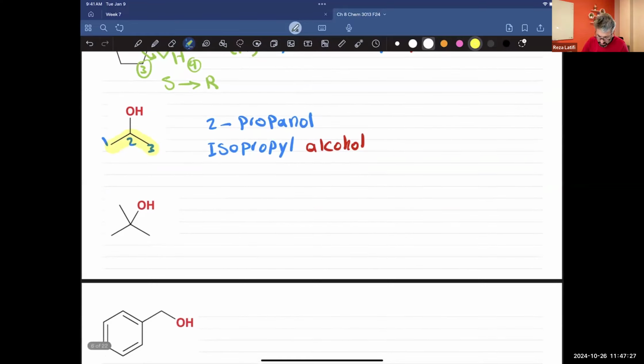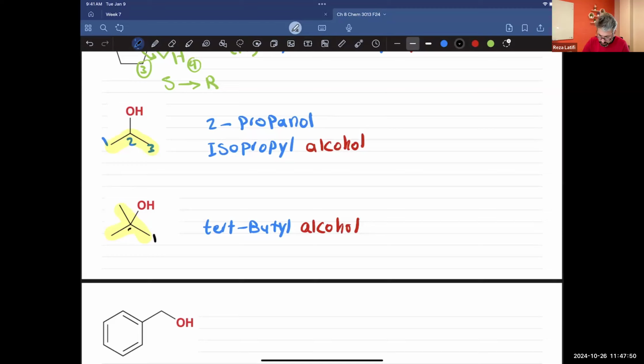Okay, how about this? This one I can call, again, tert-butyl. But if I say tert-butyl, this is going to be an adjective, and I'm going to call it alcohol. Okay. Can I name it another way? Yes, it's possible.